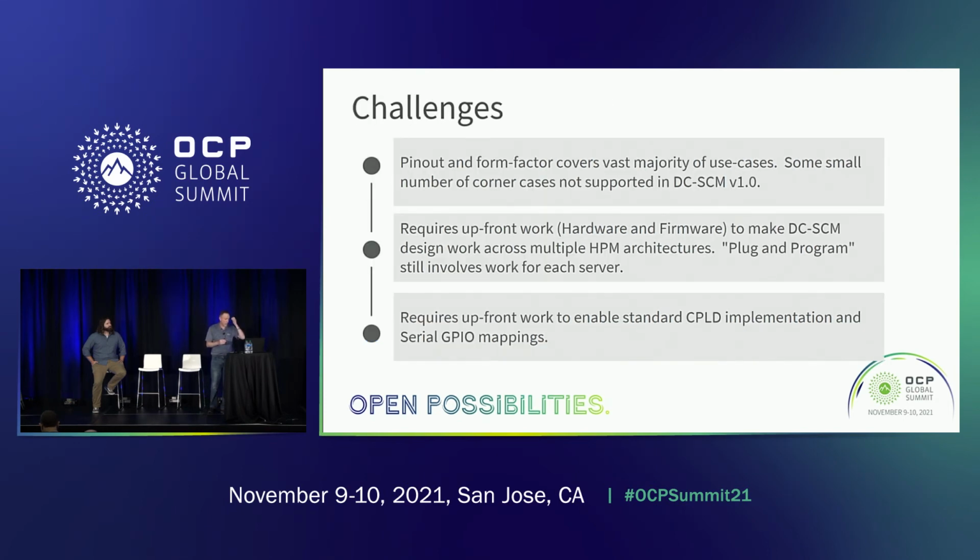So, some of the challenges. DC-SCM 1.0: anytime you say, I'm going to put a connector and put signals across it, how do you protect that from future possibilities? Because people innovate really fast. So DC-SCM 1.0 is completed. It's being very successful.